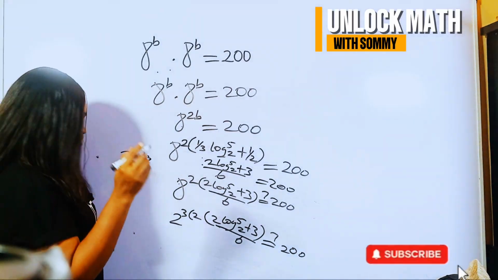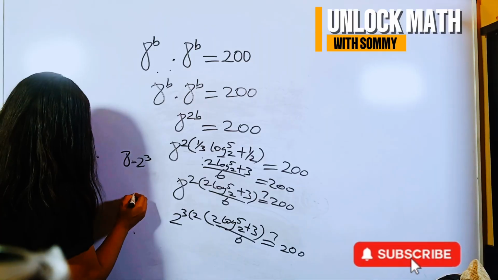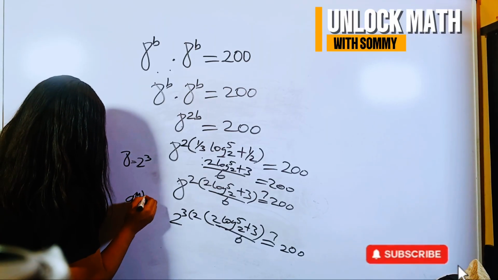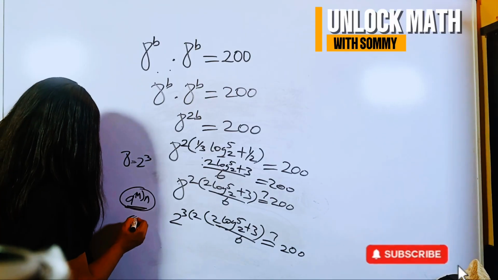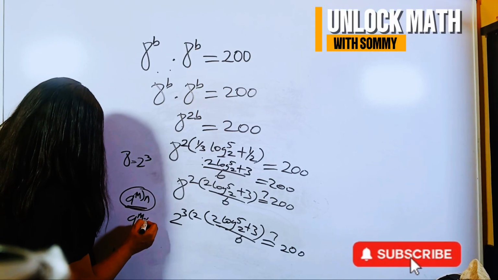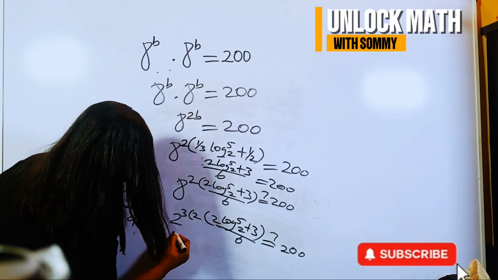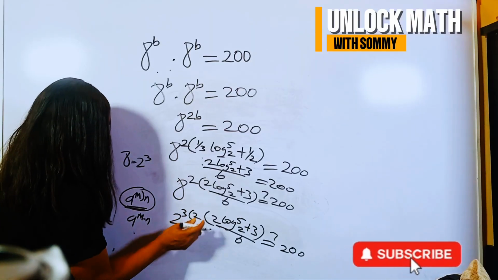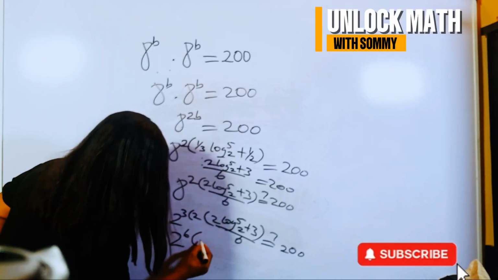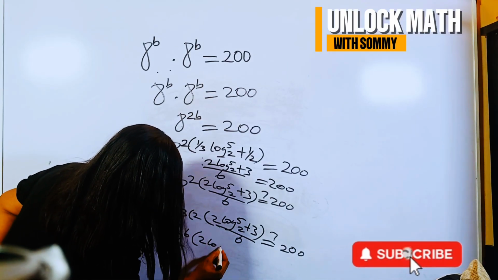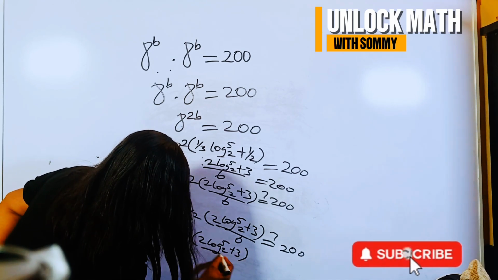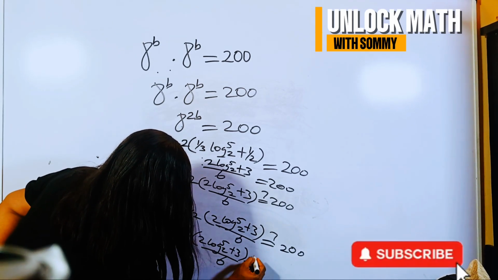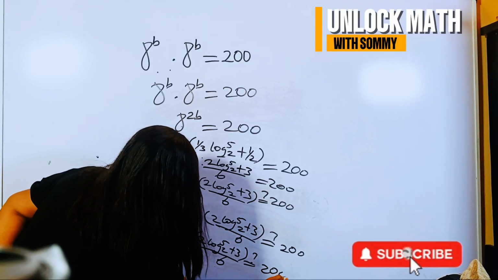And the law of indices says a raised to the power m, bracket n, once you have this, you multiply it, the same thing as a raised to the power m multiplies n. Therefore, you now have 3 multiplies 3 over 6, all times the bracket 2 log 5 base 2 plus 3 divided by 6, which is supposed to give us 200.